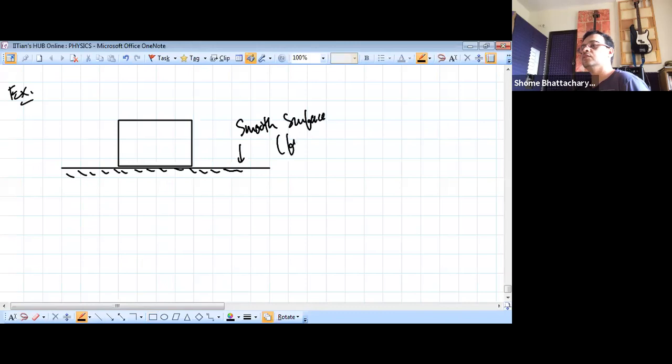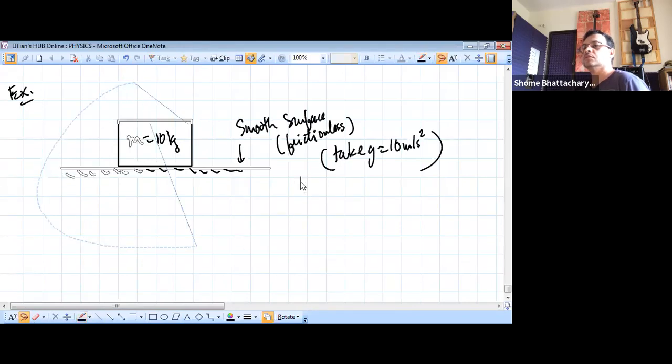So friction is not there, it's frictionless. Okay. And this time let's say this mass is 10 kg and take g equal to 10 meters per second square. Now again I'm going to make two situations, so let me just set that up first.